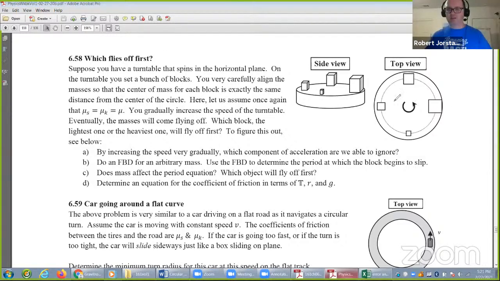Okay. So let's do the FBD. Let's do an FBD of this one and see what it tells us. There's a normal force up. There's an mg down. What force causes this thing to go in a circle?